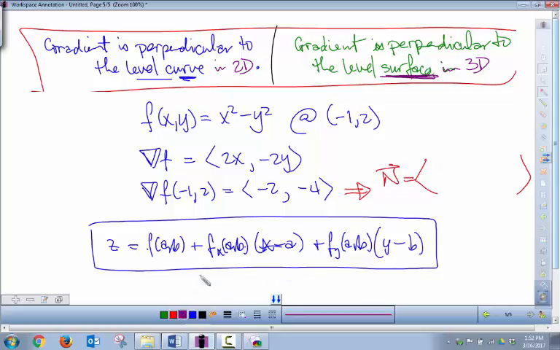So the normal vector in general is going to be fx, fy, and, well, we had a negative and a positive 1, right? Or similarly, you can take away the negatives and then we would have a negative 1. So either of those normal vectors would work.